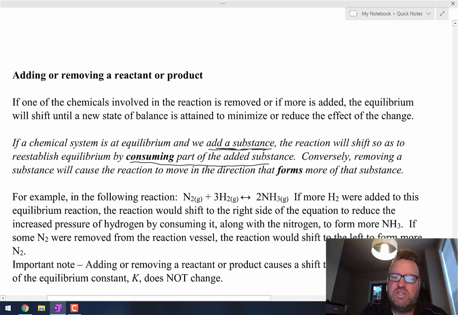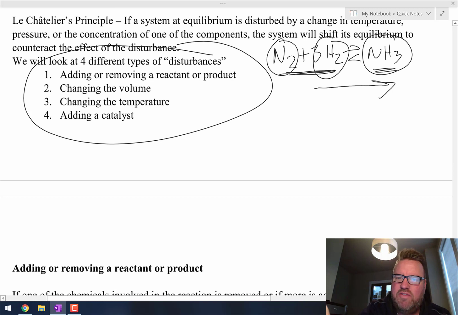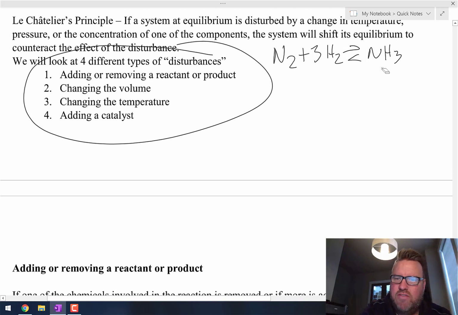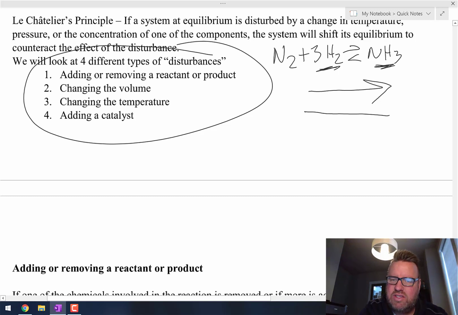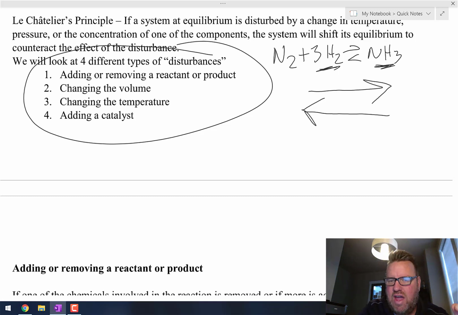And so what it's going to do is shift to the opposite side of the equation. So here, if I add some H2, that's going to cause a shift to the right. If I add some NH3, that's going to cause a shift to the left. Anytime you add something, it shifts to the opposite side to consume the stuff that you've added.